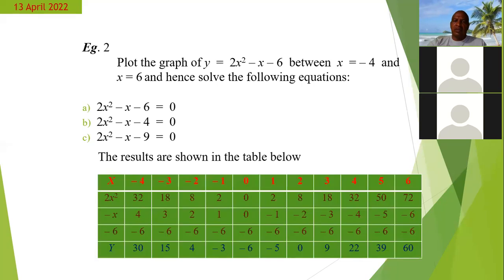In order to do that, first we need to draw our table, and these are the calculations from our table. I would suggest that you take a screenshot of this slide, and you can do the graph on your own in your own time.